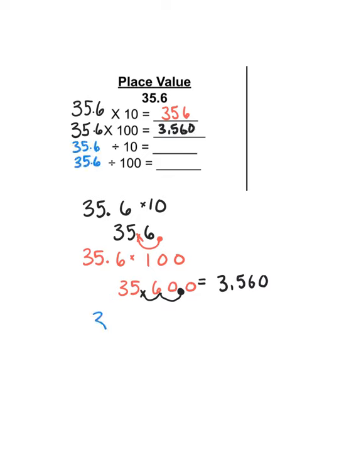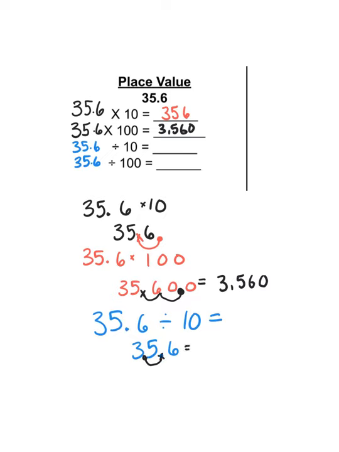Now we're going to divide 35 and 6/10 by 10. So that's like taking, let's imagine that it's $35.60, and we're going to divide it among 10 of our best friends and see how much money everybody gets. We're going to move our decimal point over one spot to the left this time to make our number smaller.